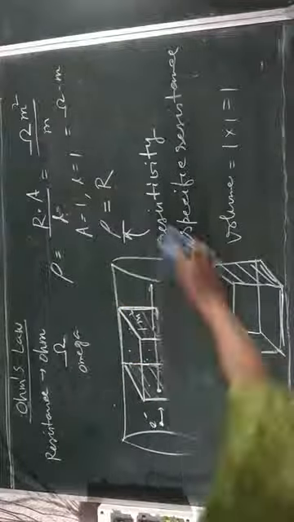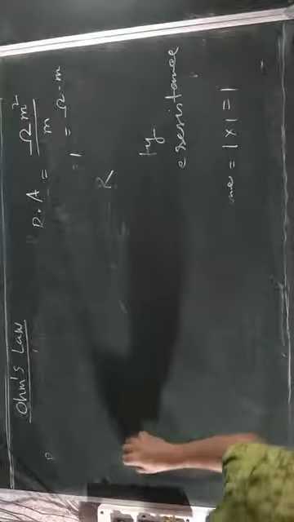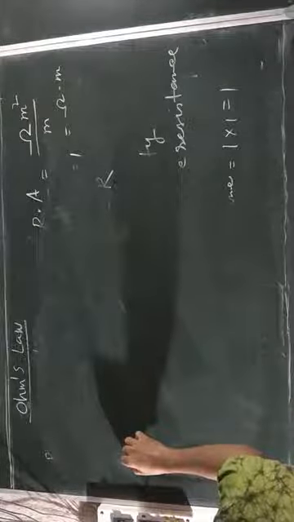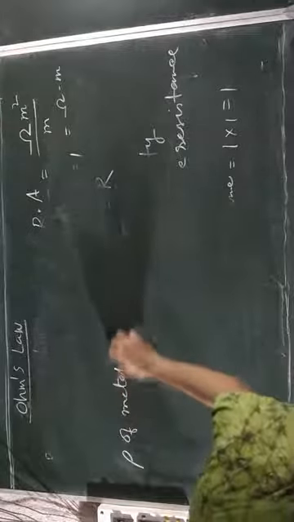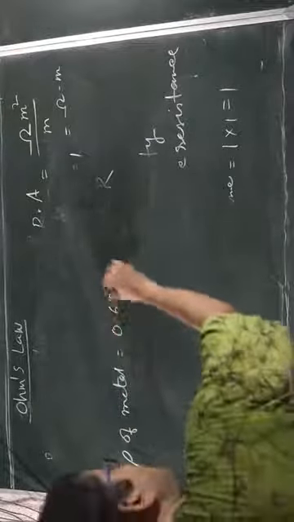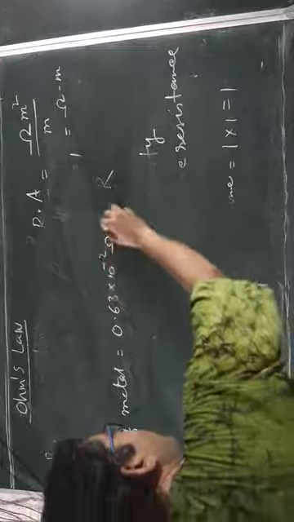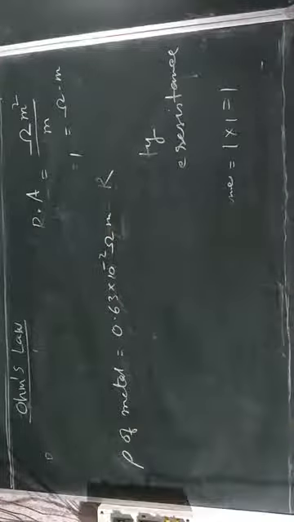So if you are given a certain statement that rho of a certain metal is 0.63 into 10 to the power minus 2 ohm meter, what does that mean?